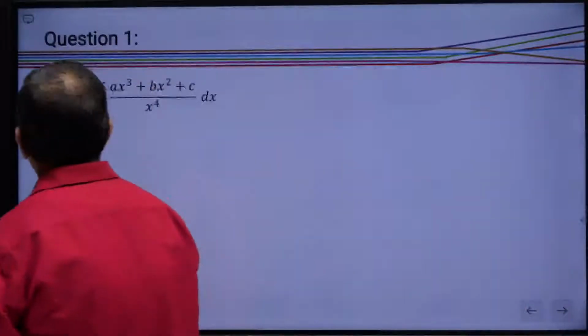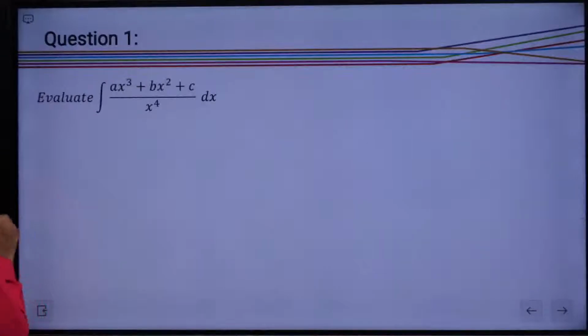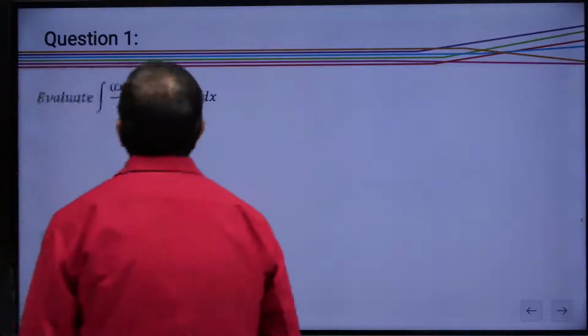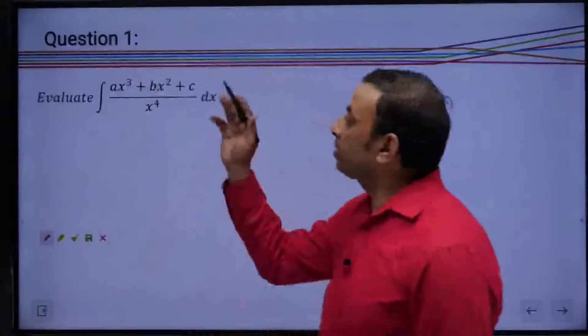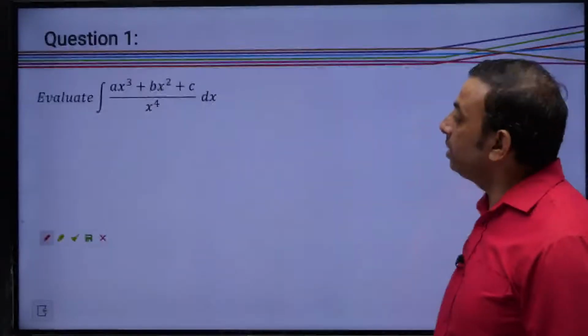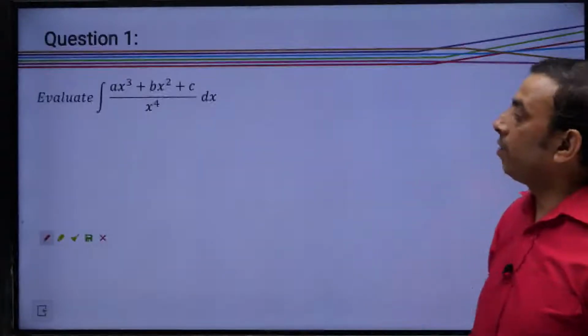Now let's look at some problems, how we do the calculations in integration. I have picked some basic examples to start indefinite integration. I have to integrate (ax cube plus bx square plus c) divided by x to the power 4 dx.